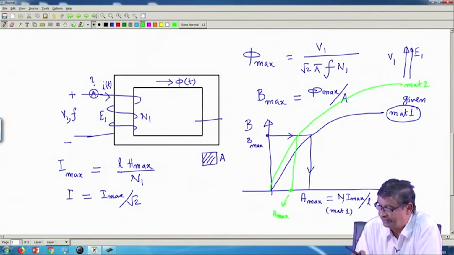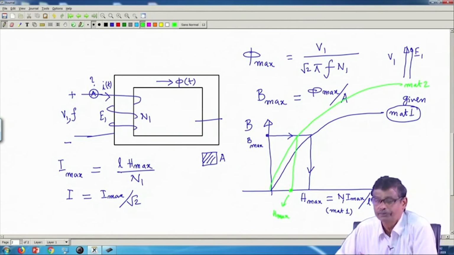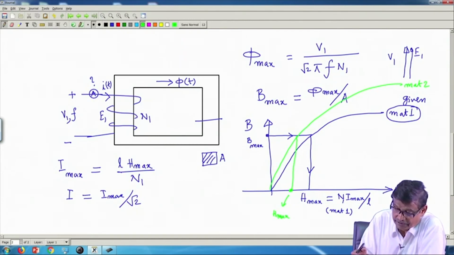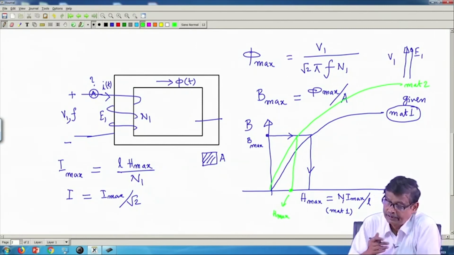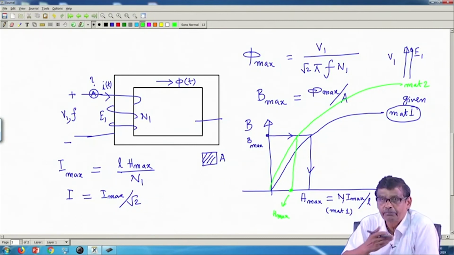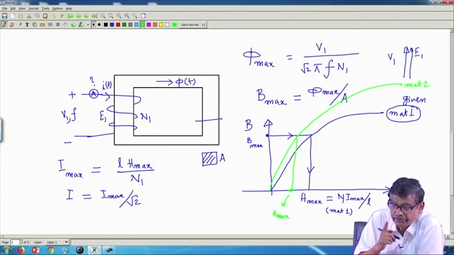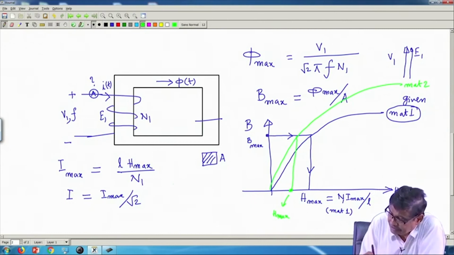This green color is H max corresponding to material 2, and H max is lower, therefore the current drawn will be lesser. Therefore, you see this current which establishes the flux in the core, I will now use another term, is called magnetizing current.